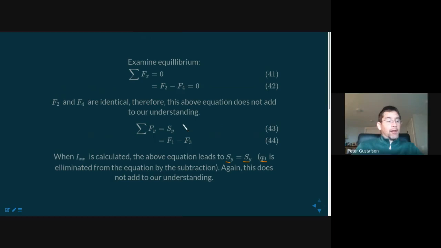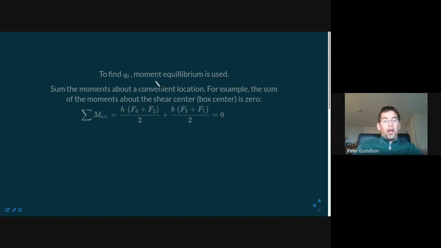And so last but not least, we have one more equilibrium equation that needs to be applied. Anybody remember what it is? Yeah, it's moment. Thanks, Scott. So in order to actually determine what Q0 is, we need to do a moment equilibrium calculation.